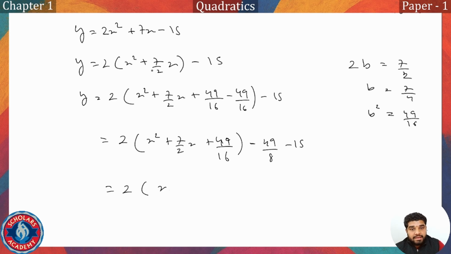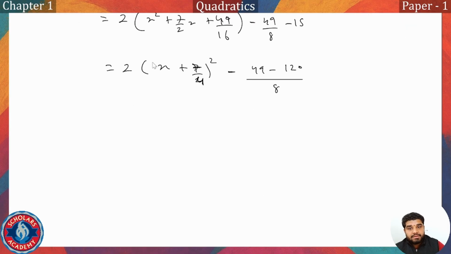So 2 times x plus 7 by 4, 7 by 4 actually, whole square, and negative, so if we take this 8 over here, we get 49 minus 120 by 8. So from here what I get is 2 times x plus 7 by 4 whole square minus, now if I add this I get negative 169 by 8.